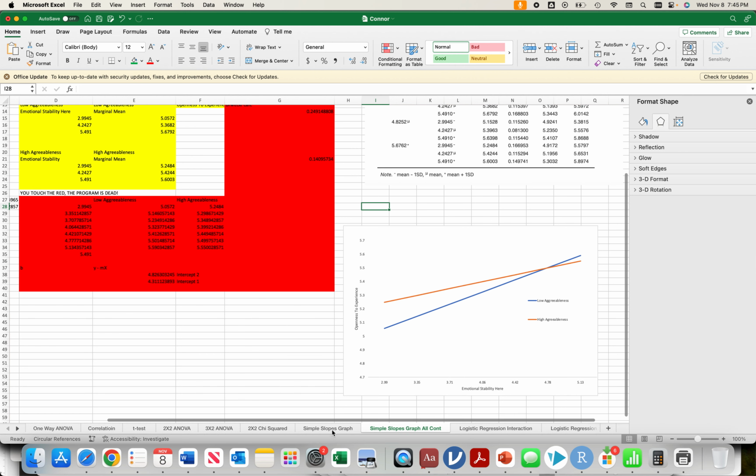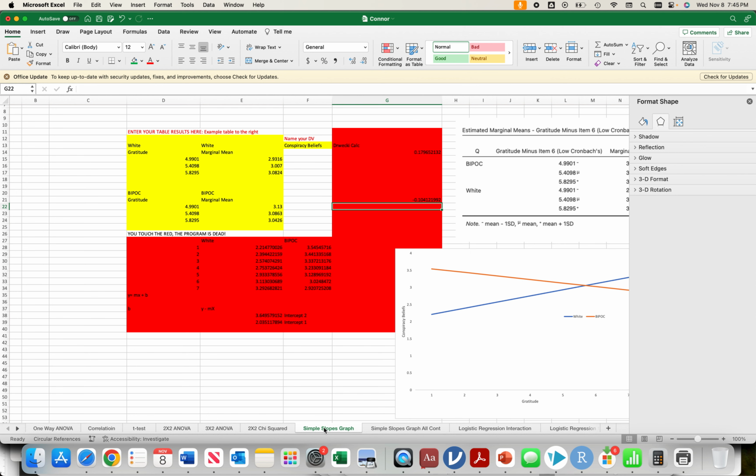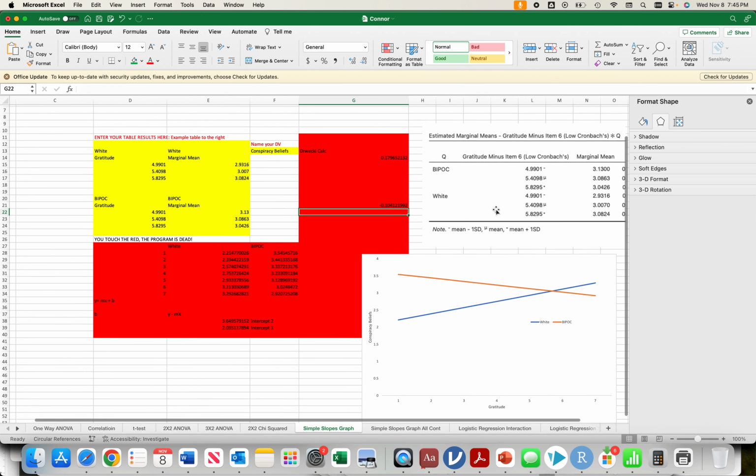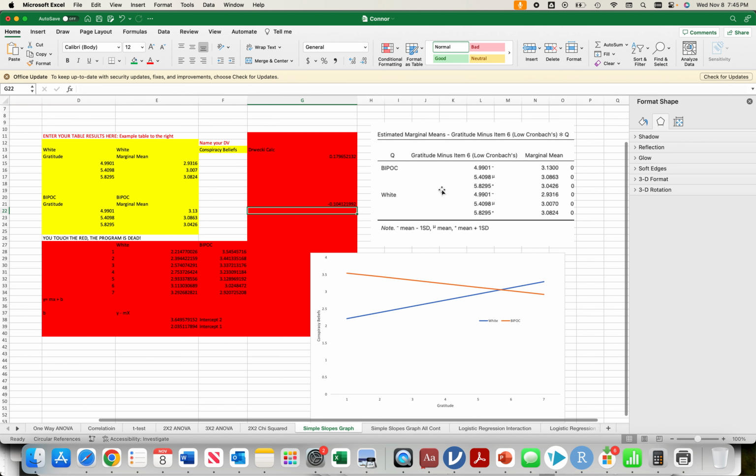Now, I do have another one. This first simple slopes graph has one of the variables as a categorical variable, white versus BIPOC. This is actually Tia's analysis. You can see what I did here to get her analysis based on the information here.